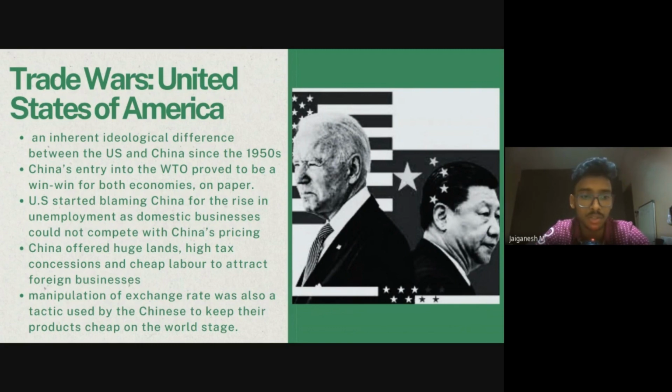China has also been accused of manipulating the exchange rate by intentionally devaluing the yuan against the dollar.